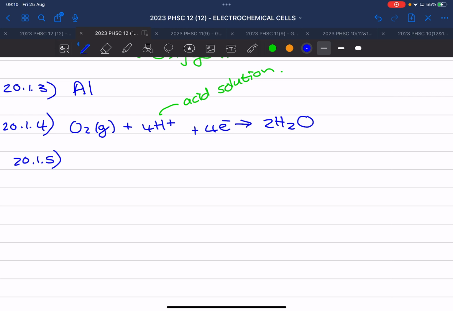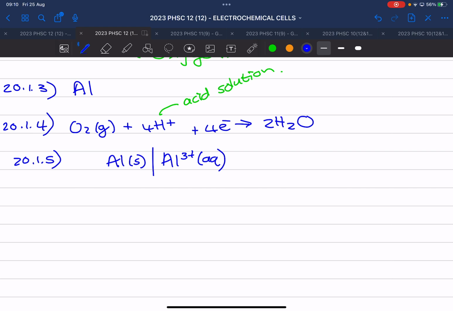Oxidation, and then it's aluminium, giving you aluminium triple. No, ma'am. Can I do it first?